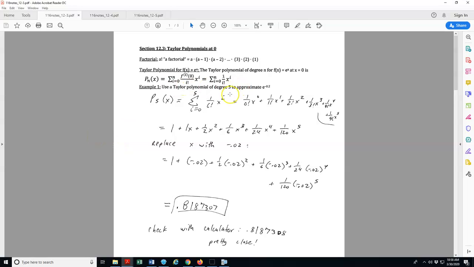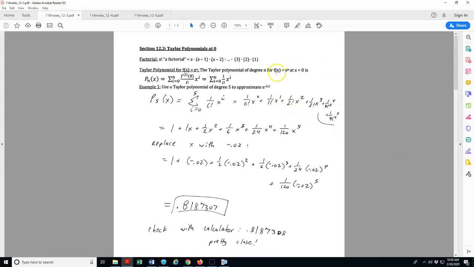Now, we're going to do it of degree 5. What that means is I'm going to start at 0 and go to 5. Using this little formula, I'm plugging in these values for i. So I've got 0 factorial x to the 0, then 1 factorial x to the 1, 2 factorial x squared.